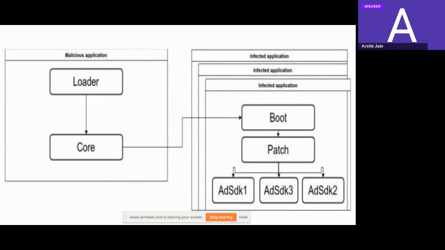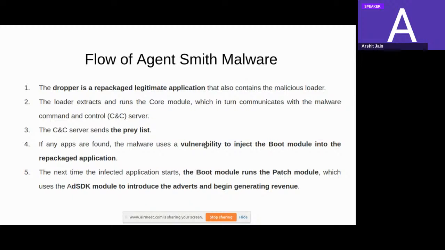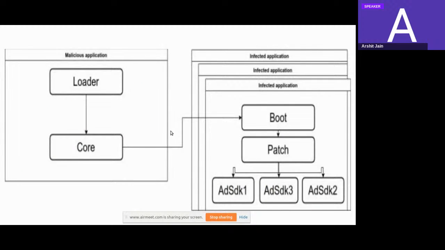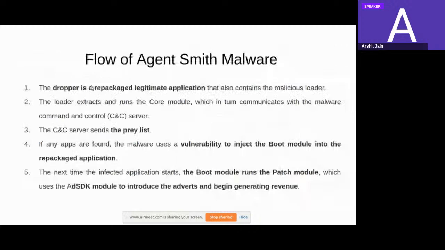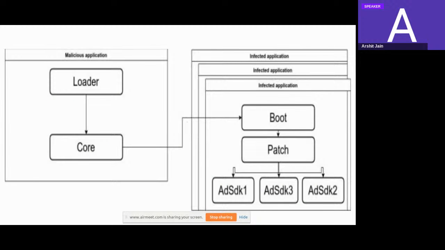As you can see, when the dropper application is installed, it repackages the applications with a malicious loader, and the loader extracts and runs the core module, which in turn communicates with the command and control server. The command and control server sends the prey list, the names of apps like WhatsApp, Opera, and some other famous apps.